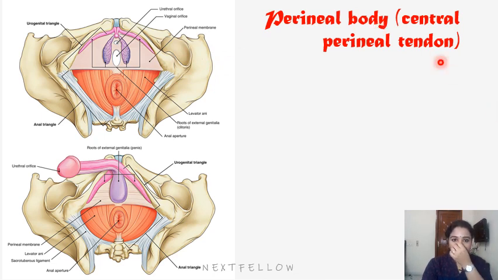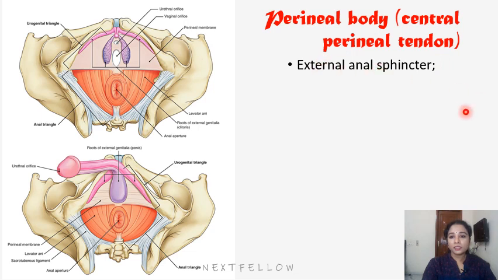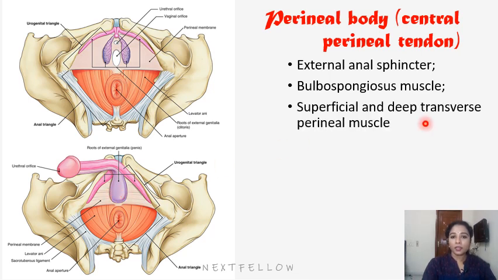So let's see what are the muscles intersecting. External anal sphincter. So here is the anal canal. This is the external anal sphincter, which provides attachment to the perineal body as well. And we can see the bulbospongiosus muscle in male, and superficial and deep transverse perineal muscles on each side, present transversely.